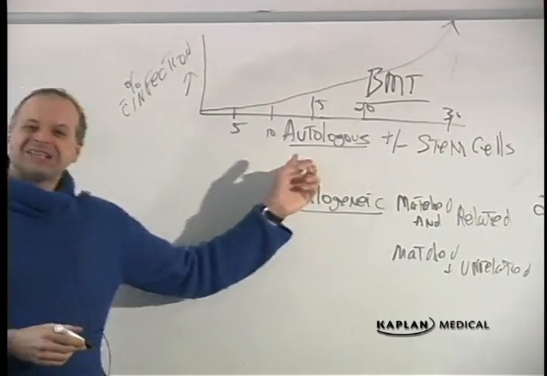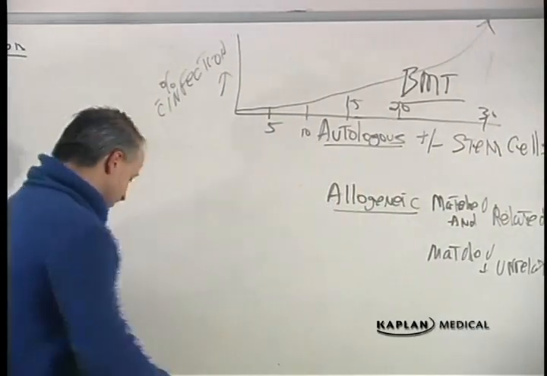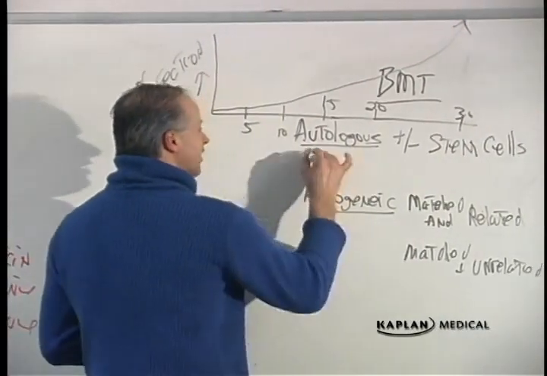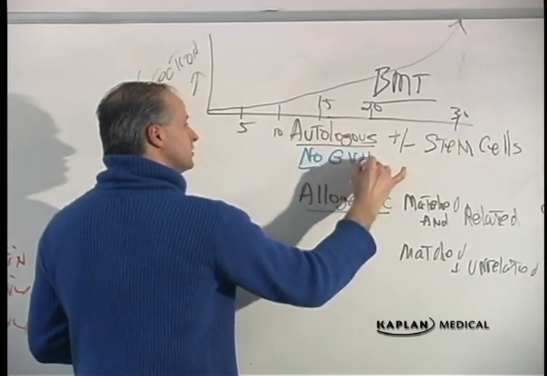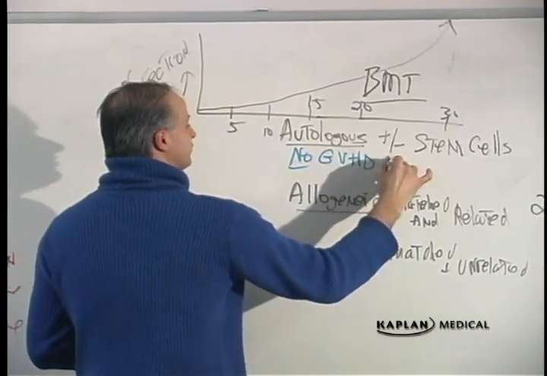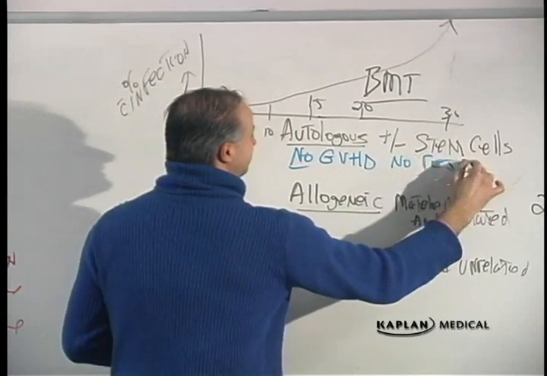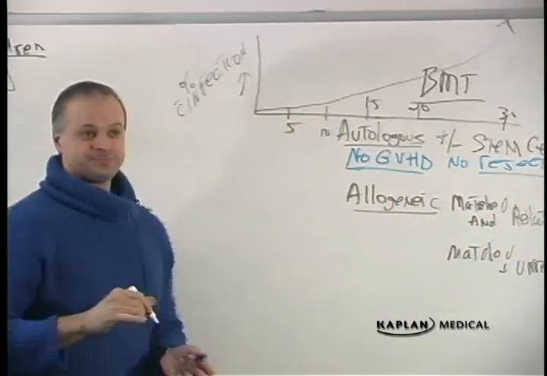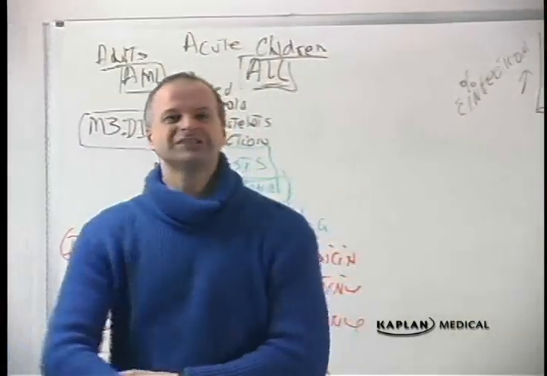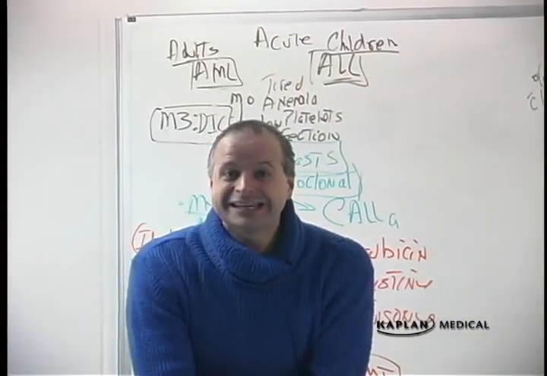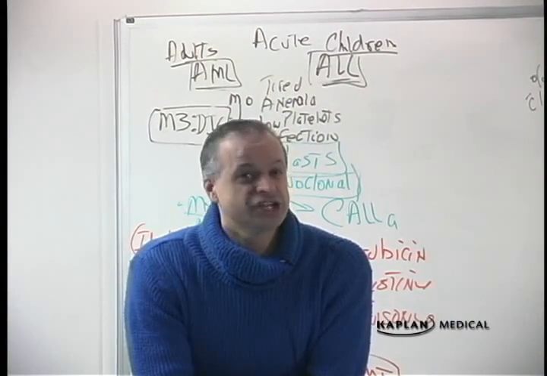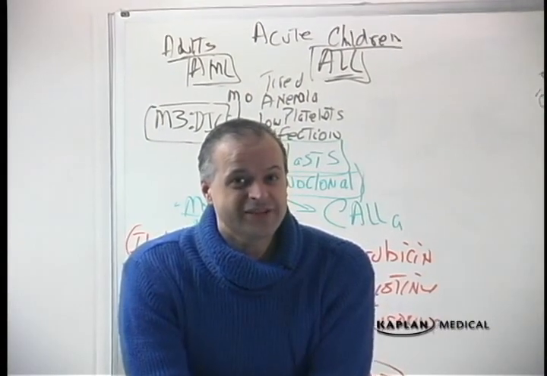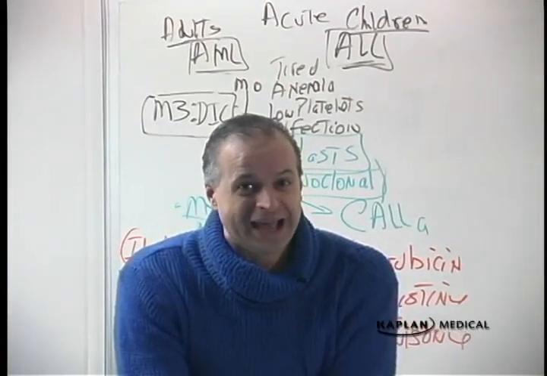So the thing about autologous transplants is that there is no graft versus host disease. And there's no rejection, because it's highly unlikely you're going to reject yourself. The problem with autologous transplants is that there is also less of a cure, because you might be giving small amounts of leukemic cells back in.